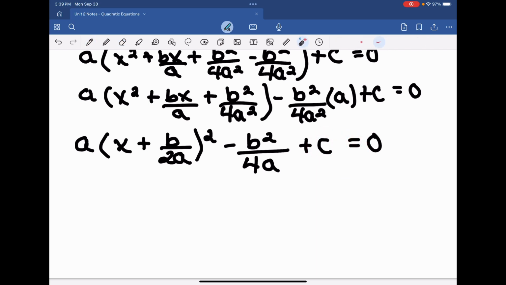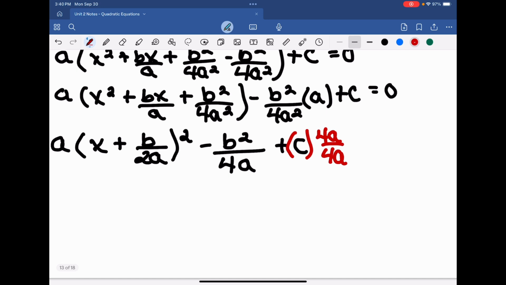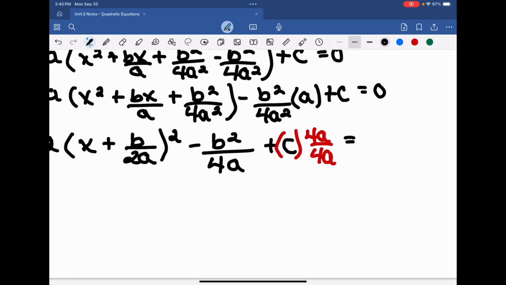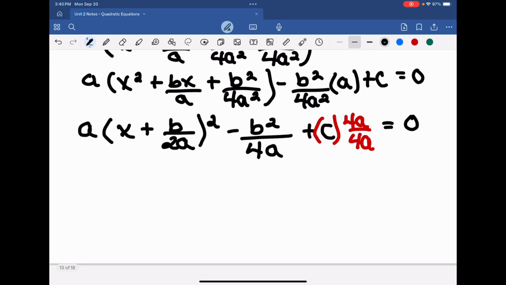If we want to combine both of these two here, we're going to surround this and multiply it by 4a on the numerator and 4a on the denominator. And I'll even write that as a fraction there. Maybe I'll even separate the equals 0 and just write that neater, showing that we can make our common denominator. So 4a over 4a. If you multiply a term by 4a over 4a, you're technically multiplying it by 1. So we're not really changing the equation. We're just changing it to create some sort of common denominator so we can put terms together.